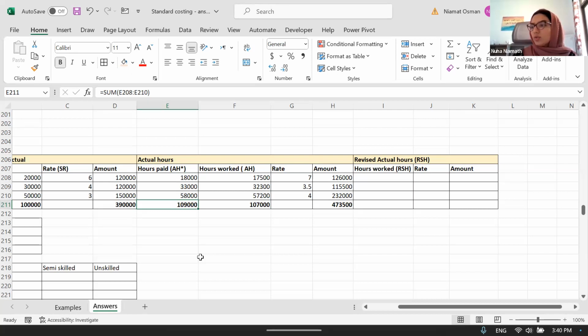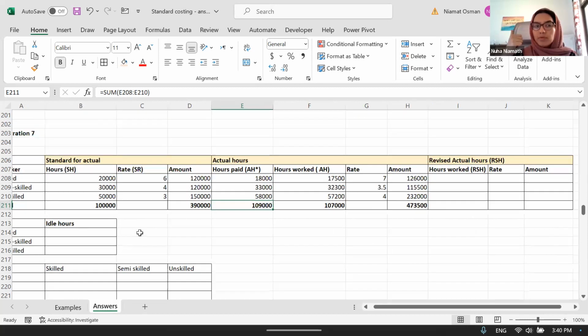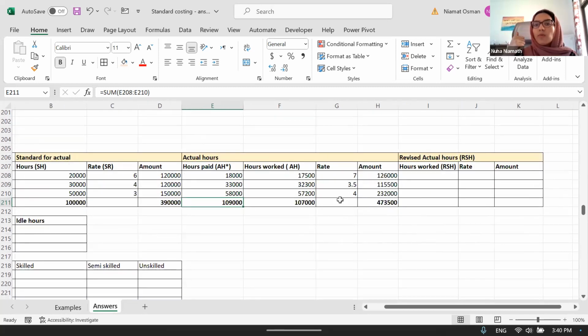Hours worked. Thank you, Neetu. Perfect answer. Now, this hours worked, we will revise it into which proportion? In the standard hours, correct? Perfect. So now tell me, what will be the revised standard hours for skilled, semi-skilled, and unskilled? Let me know in the chat box. Just tell me the formula.